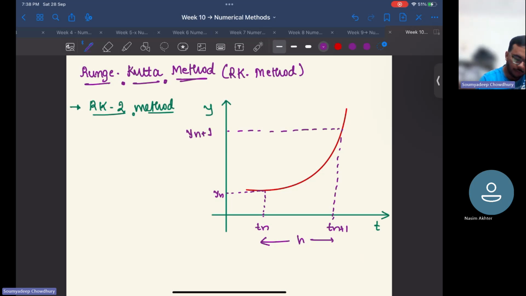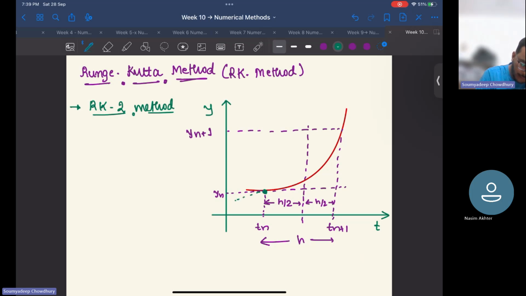And now we will take a random point in between Tn and Tn plus 1. So let it be the midpoint. So this is h by 2. Here I'm taking the midpoint. It can be any random point in between Tn and Tn plus 1. So it is h by 2 and h by 2, right? Now we will find the slope at all these points. So this point we are interested in finding the slope, right?